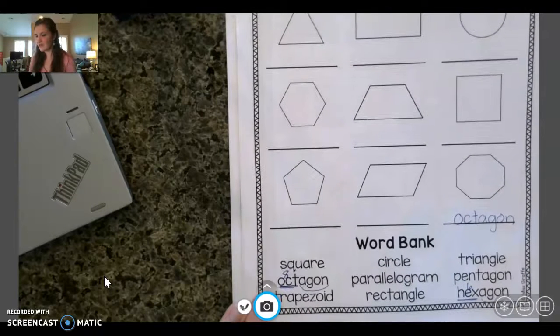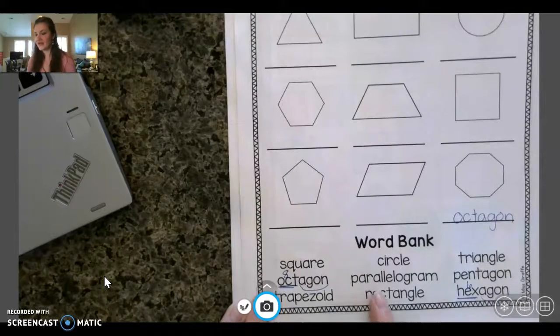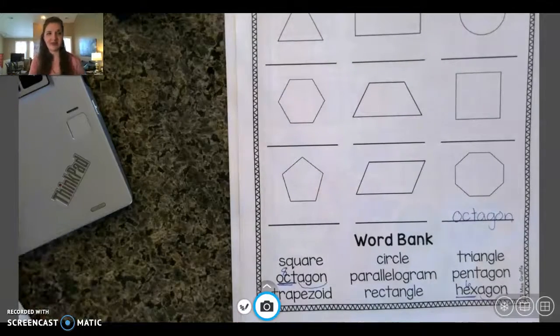Okay, trapezoid, we've seen that. Circle, we know. Okay, parallelogram. I'm going to make myself big again here for a second. Lines that are parallel are lines that are going the same direction. Not lines that are connected to each other, but that are next to each other going the same direction. Okay? If they are going opposite directions, so one's going up and down, other side to side, that's called perpendicular.